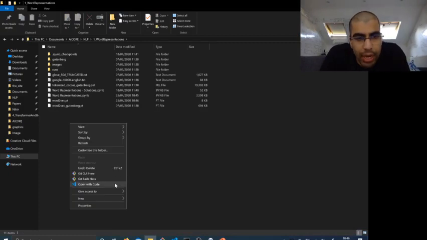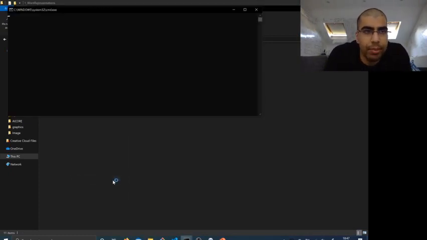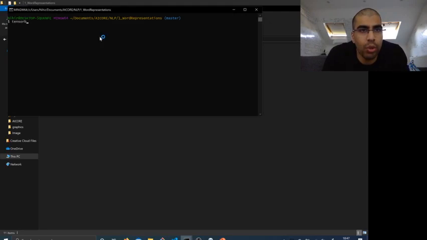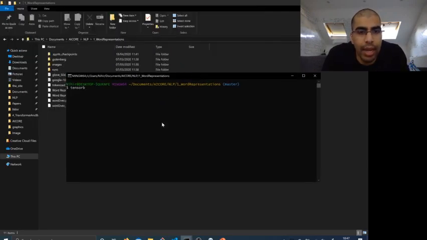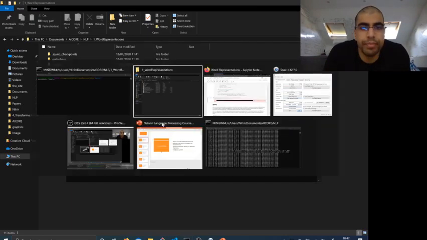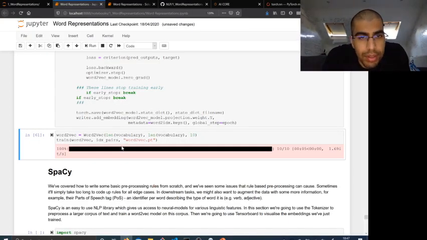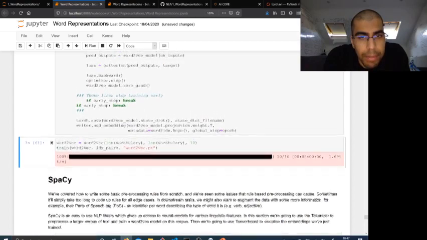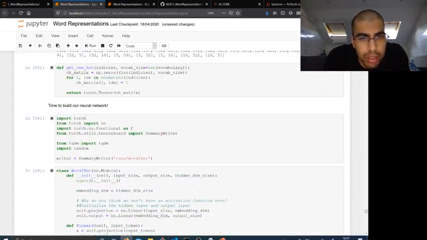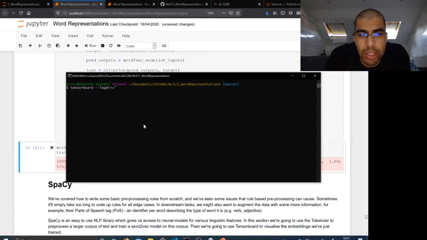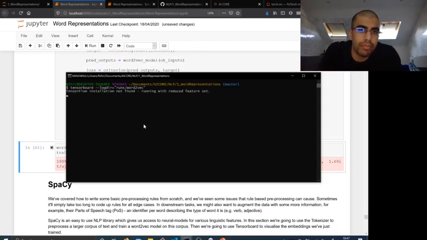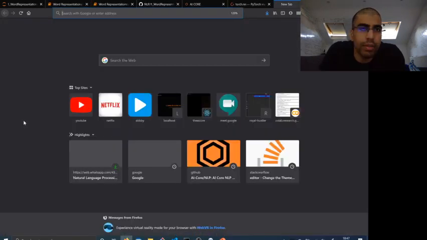To run TensorBoard, navigate to your word representations directory and type tensorboard --logdir equals runs/Word2Vec. And let's head to localhost.